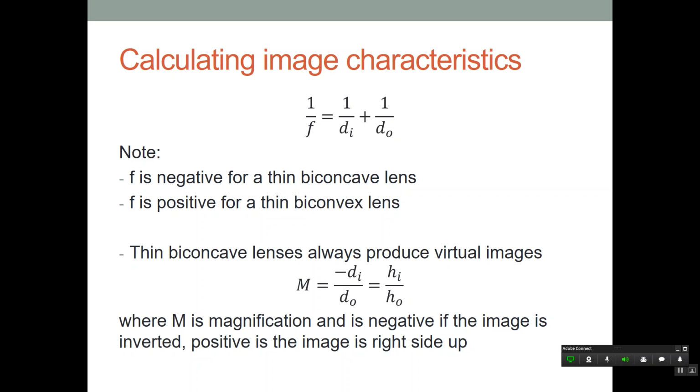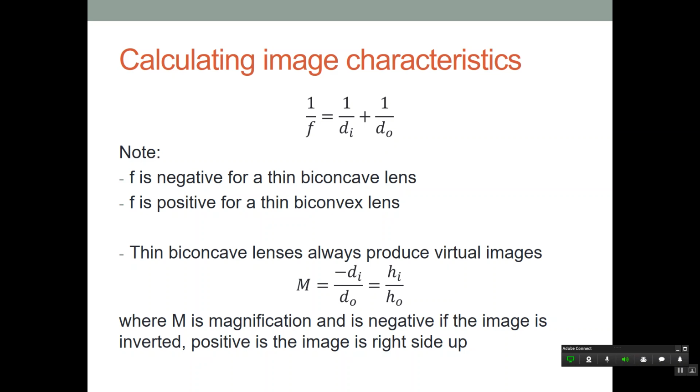If I end up with an image here, well, that doesn't make sense. The light didn't even go through the lens yet. That doesn't make any sense at all. That's how you know that's a virtual. Okay? So it's the opposite. That's the main and only difference between mirrors and lenses. Yeah? Okay. Knowing that now, let's just do some of these.